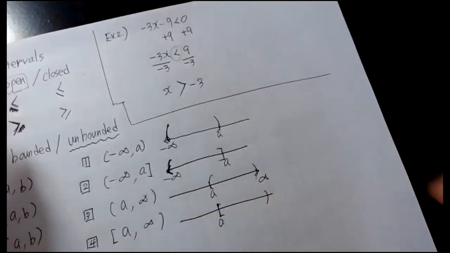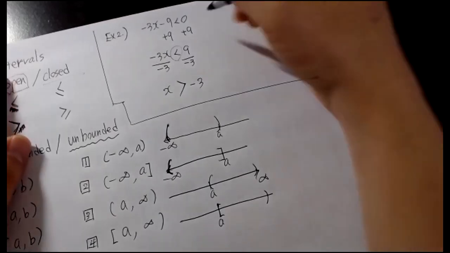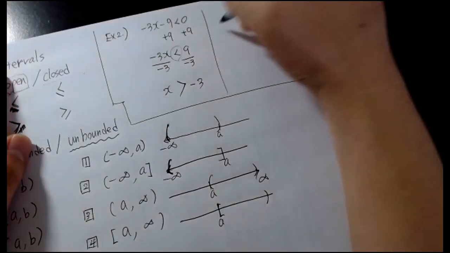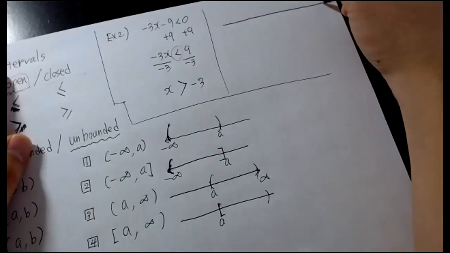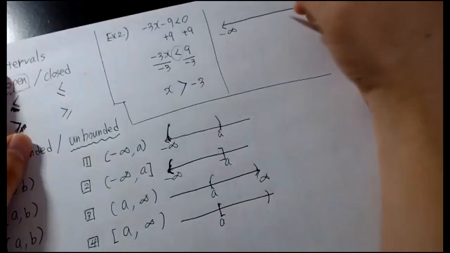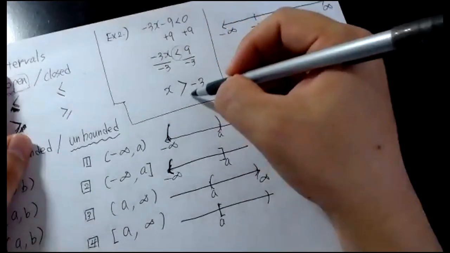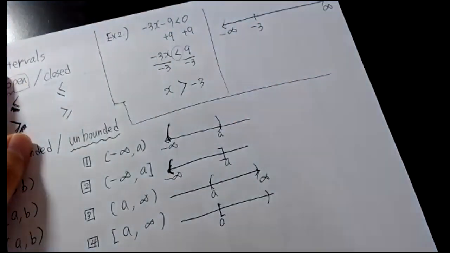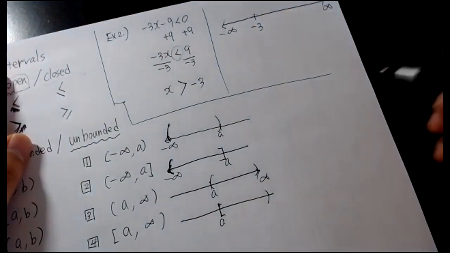We have to express the solution set, the set of all numbers greater than negative 3, using interval notation. Let me figure out the solution set on the number line, from negative infinity to infinity, with negative 3 here. Since it is greater than, with no equal sign, we use an open endpoint because negative 3 should not be included in the solution set.